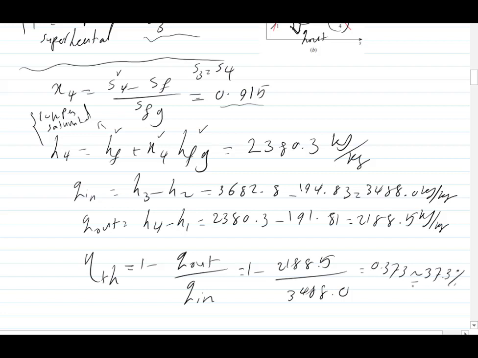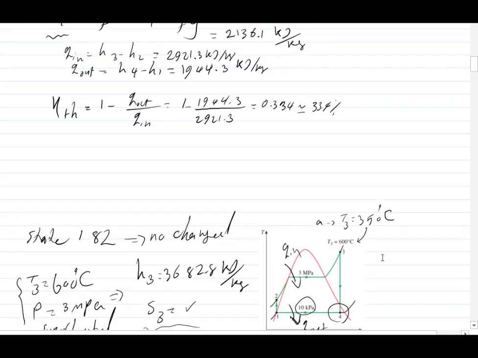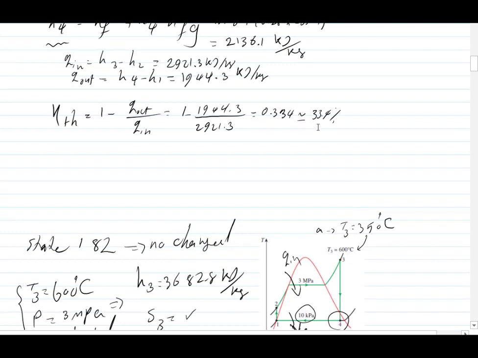And if you notice here, the thermal efficiency is 37.3% compared to part A, which was 33.4%.